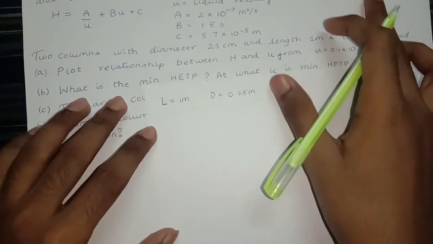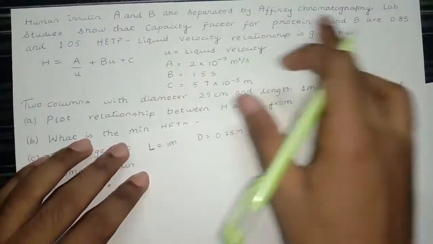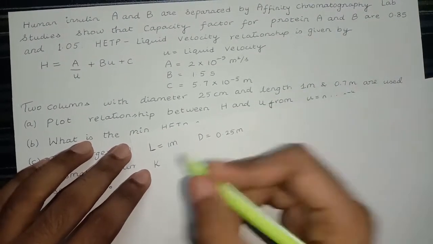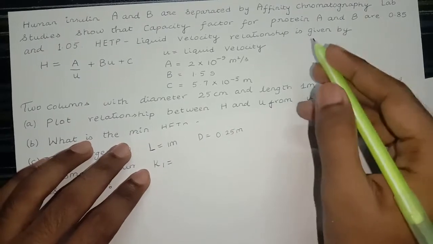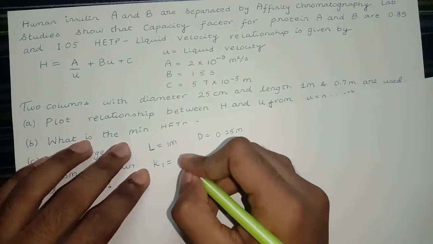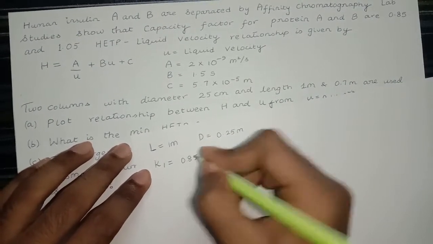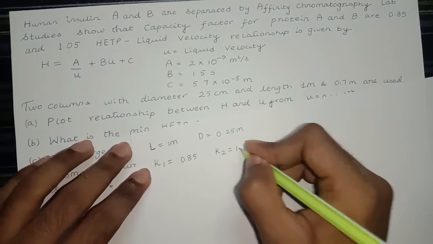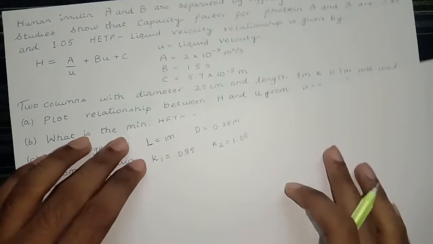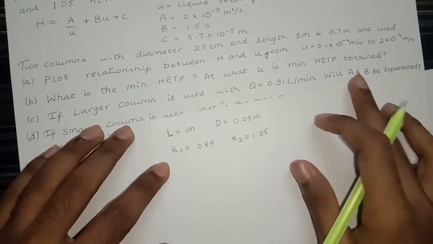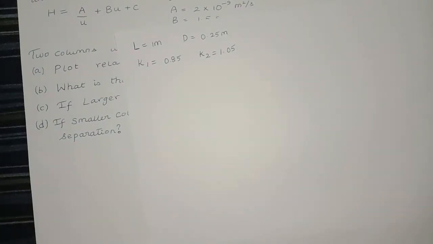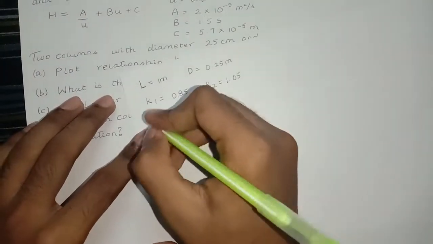For the proteins, they have given the capacity factors. The capacity factor K1 for protein 1 (A) is 0.85, and the capacity factor for protein 2 (B) is 1.05. So will A and B be separated? What is the condition for separation?